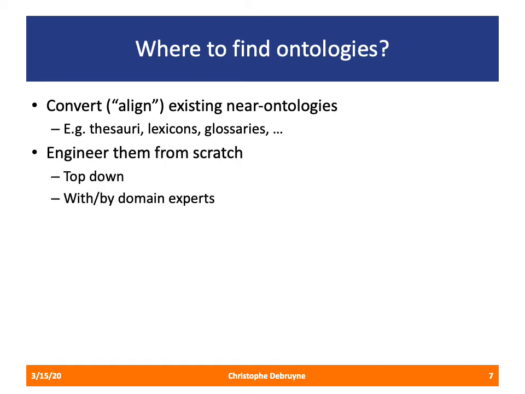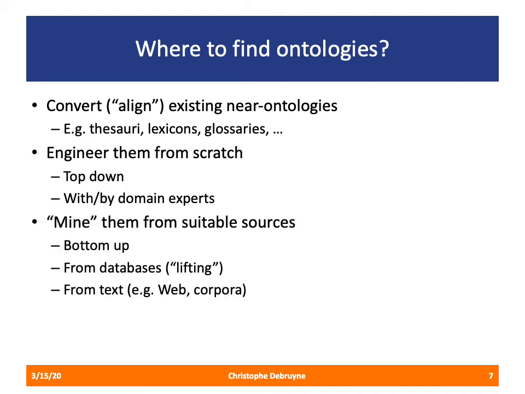Another approach is to engineer them from scratch, top-down, by availing of subject matter experts, starting from the more abstract concepts towards the more specific concepts. Another approach is to mine them from suitable sources. That's a bottom-up approach. You use existing resources such as databases and lift them into ontologies, or consult non-structured resources such as text in order to elicit facts from them.